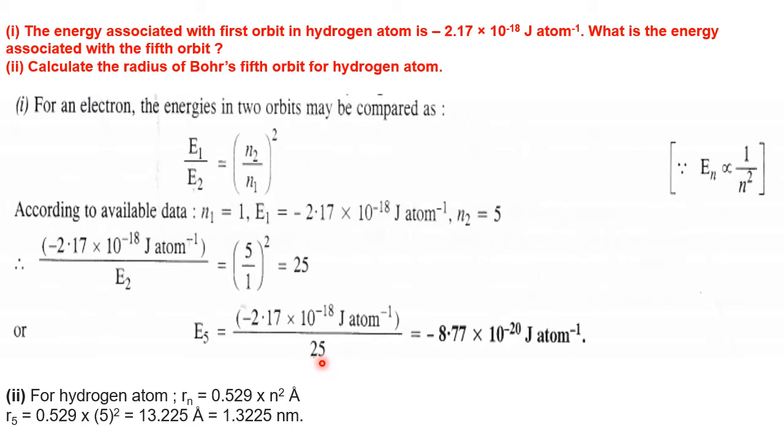After simplification, we get minus 8.77 into 10 to the power minus 20 joules per atom. This is the energy of the fifth level.